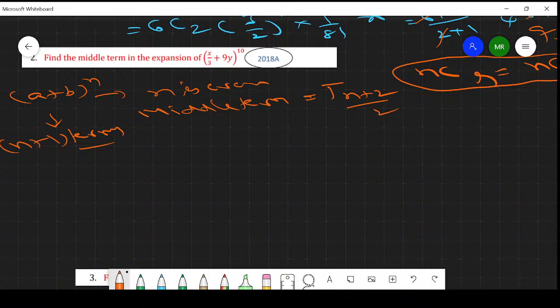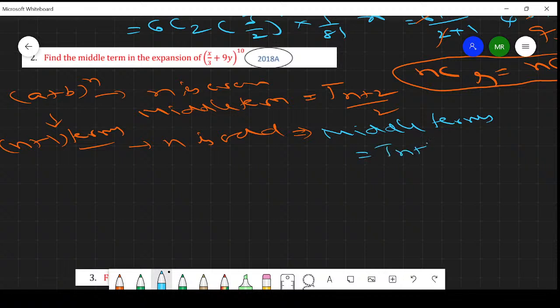Suppose n is odd. For example, (a plus b) whole cube gives 4 terms. Whenever n is odd, you will get two middle terms, which are T of (n plus 1) by 2 and T of (n plus 3) by 2.